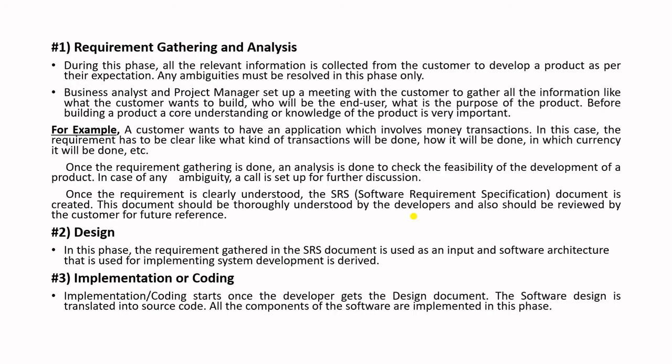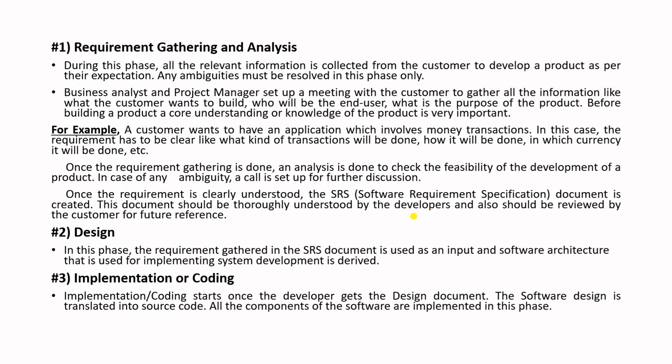Once the requirement gathering is done, an analysis is done to check the feasibility of the development of a product. In case of any ambiguity, a call is set up for further discussion, because that ambiguity must be resolved in the presence of the customer and the developer. Okay, once the requirement is clearly understood, the SRS, software requirement specification document, is created.